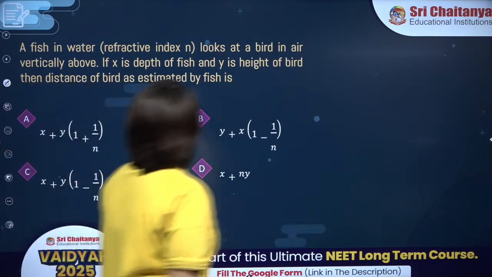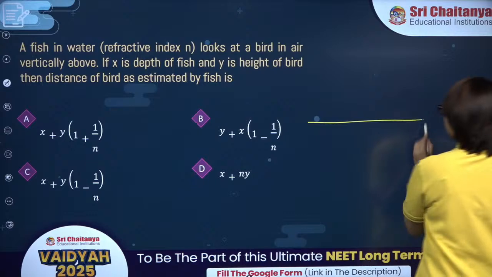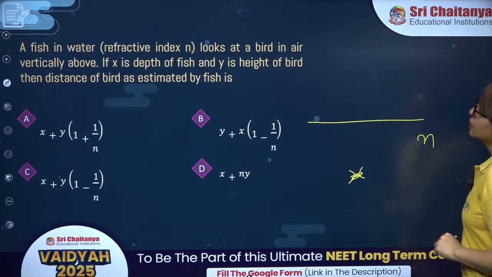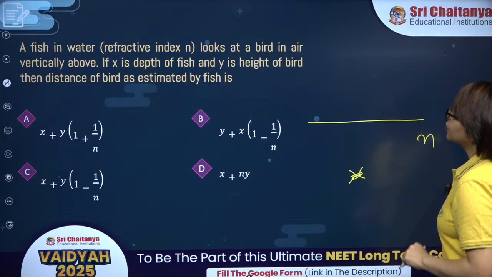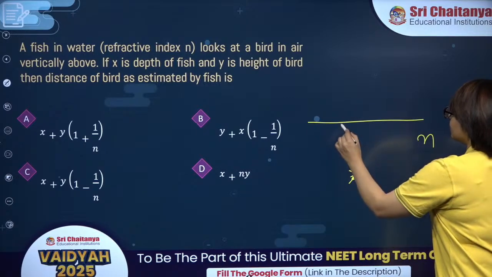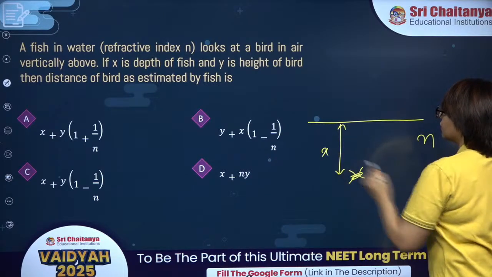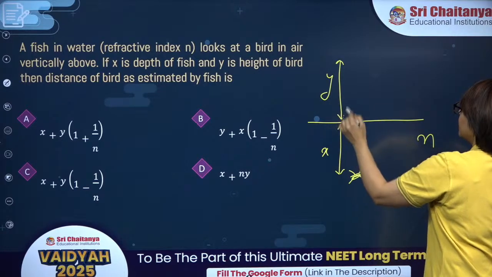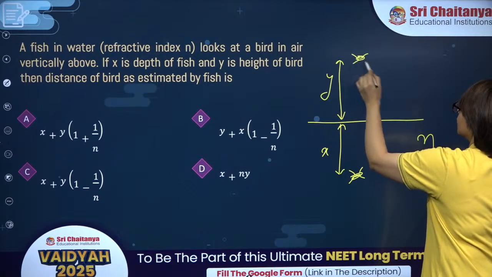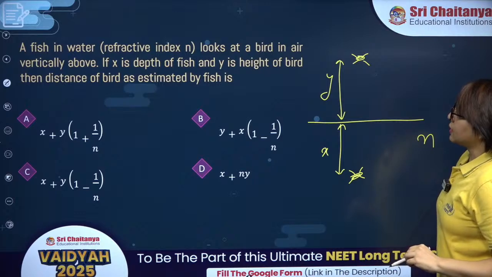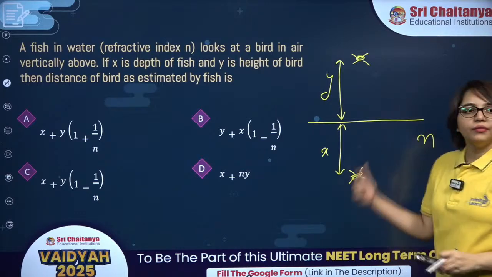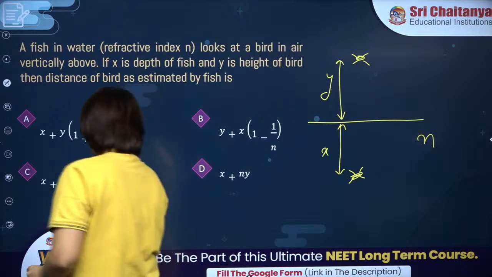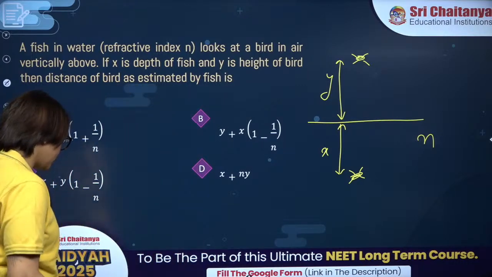A fish in water, the refractive index of water is n, and the fish is over here, looks at a bird in air vertically above. If x is the depth of the fish and y is the height of the bird, what is the distance of the bird as estimated by the fish?